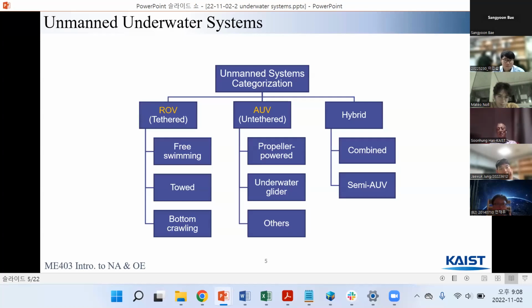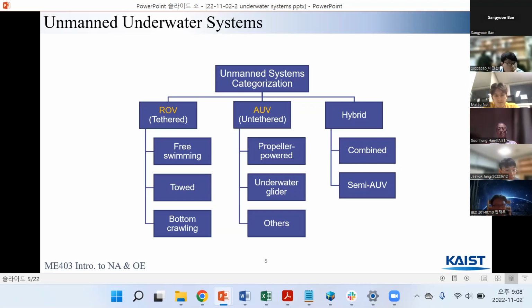And a hybrid system is a combined one, so we can say semi-AUV. ROV is a towed system, but sometimes it can be swimming alone. And then there is another type, bottom crawling.